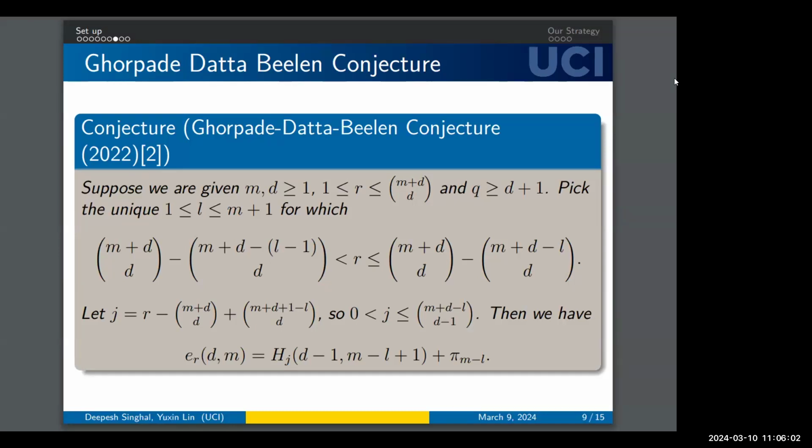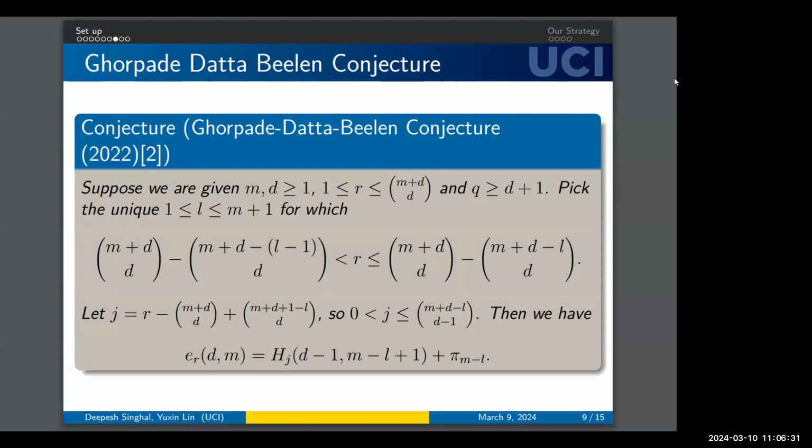So we again fix m and d, and we fix some r. m plus 1 is the number of variables, d is the degree, and r is the dimension of the vector subspace. We assume q to be at least d plus 1. Then they subdivide this interval based on m: they take the binomial m plus d choose d minus m plus d minus l choose d.